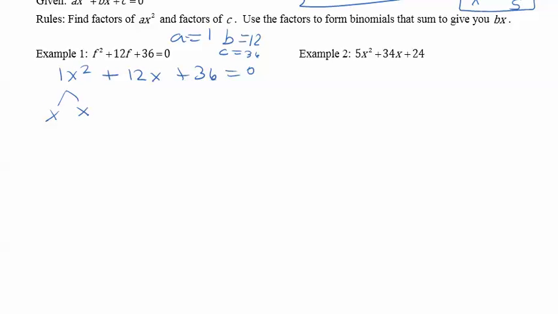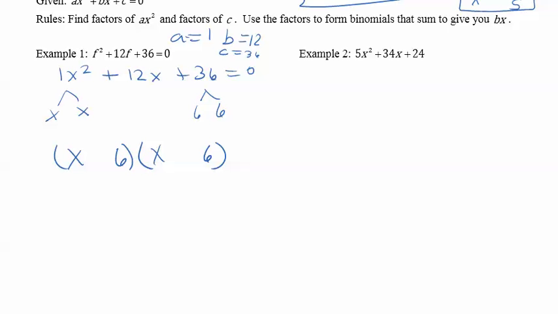So find the factors of ax squared and c. Well, c factors out into 6 and 6. Now I'm going to draw my brackets. I can go ahead and skip to the brackets part. I don't have to find m and p. So I know that my two factors of x squared are going to go in each bracket.